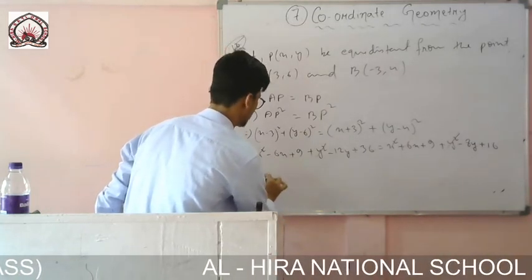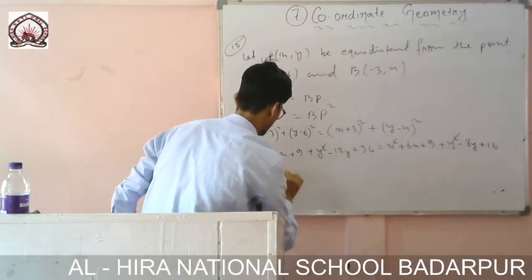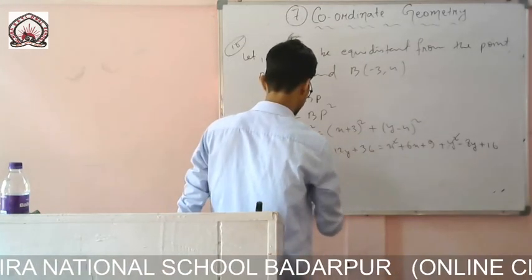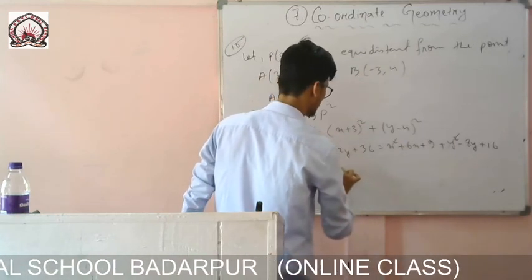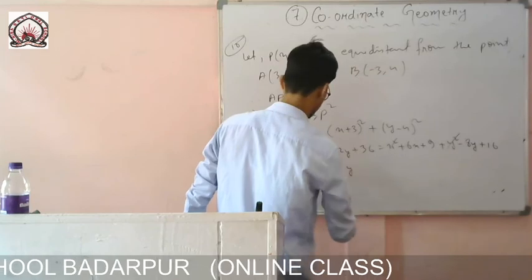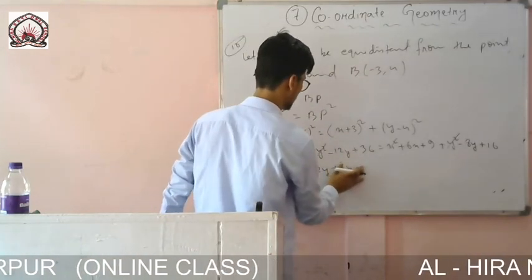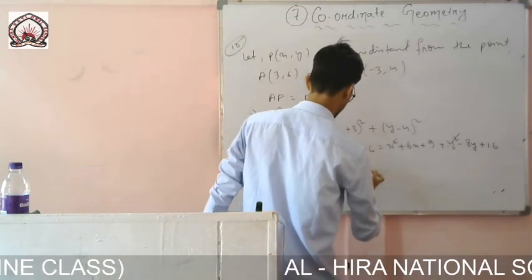So minus 6x, if I bring that one over, it is plus 6x, so it will be minus 6x here. Then there it is minus 12y, if I bring that minus 8y, it will be plus 8y, and let me add 9 plus 36, it will be 45.